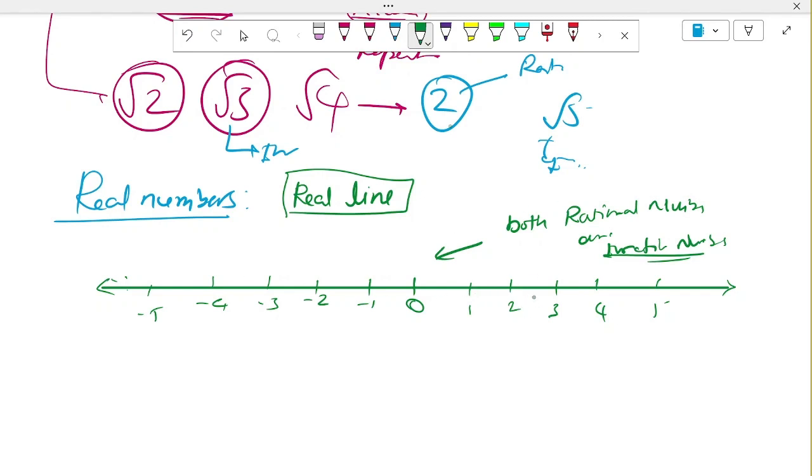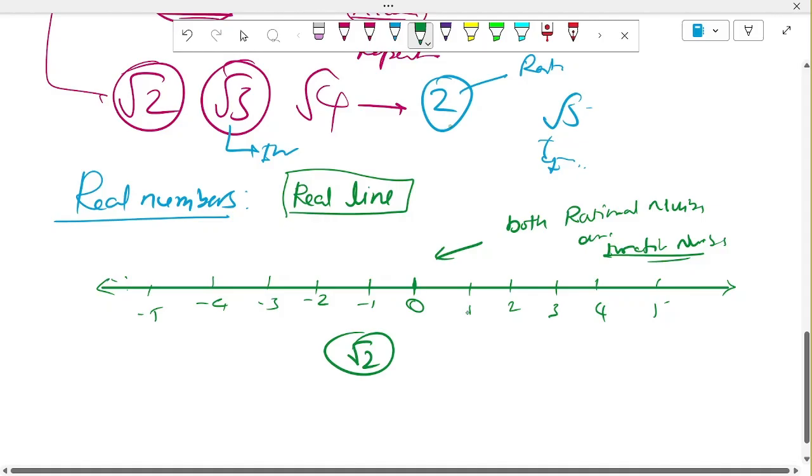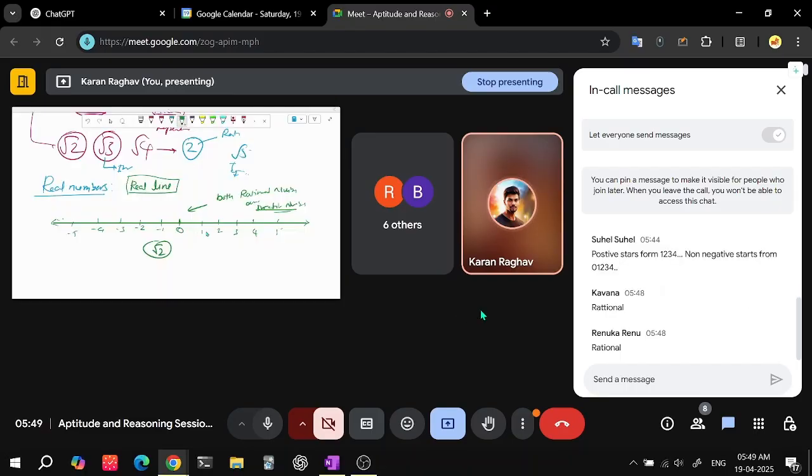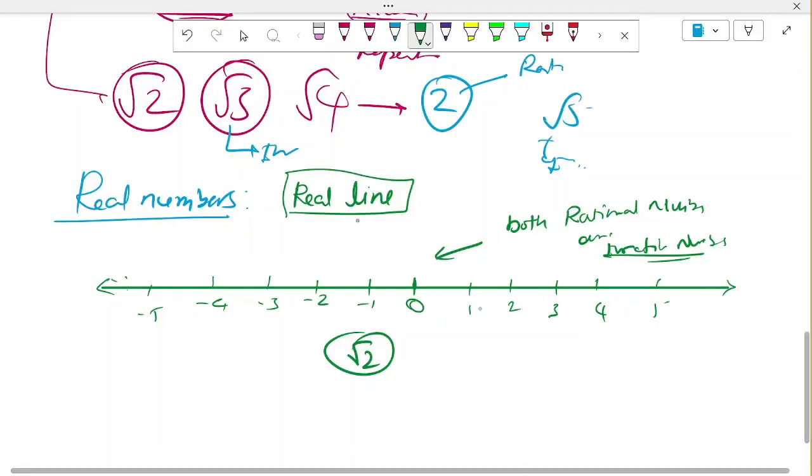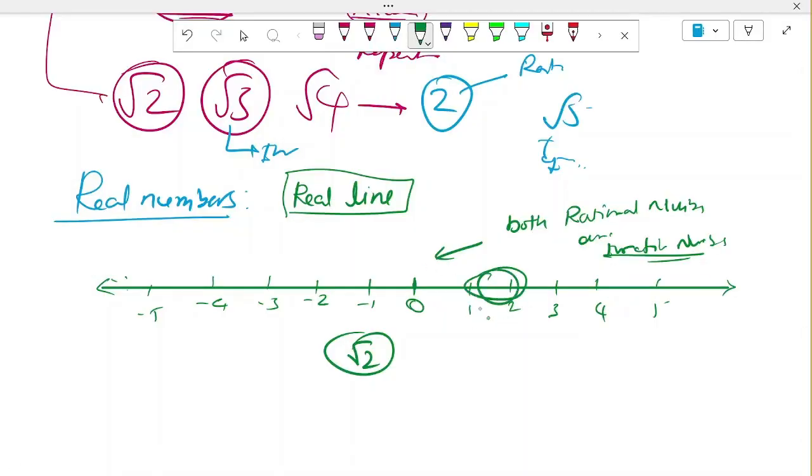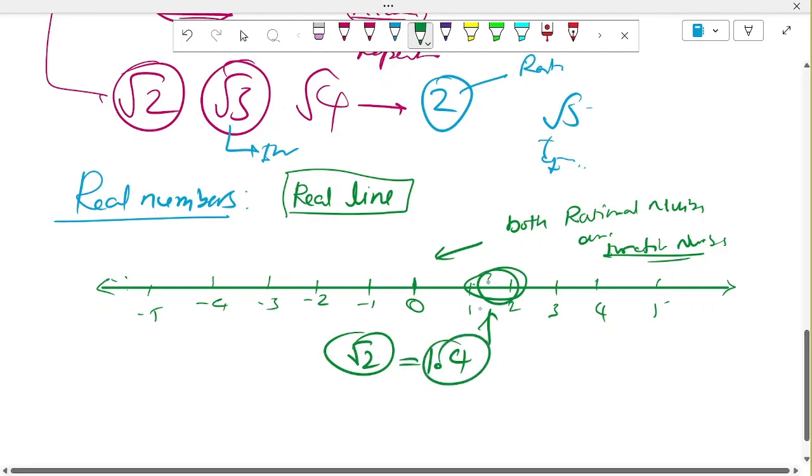If you can tell me, where is root 2 located on this line? Root 2 is located between which two numbers? What is the decimal value of root 2? Yes, Kavana says it is located between 1 and 2, because root 2 is nothing but about 1.4.